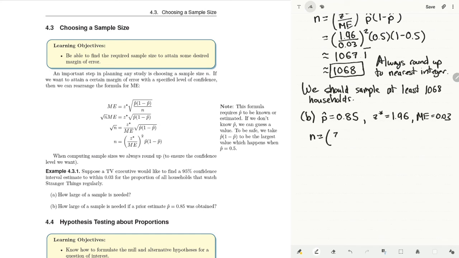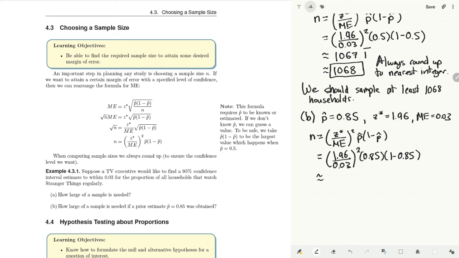So now we can calculate the sample size for this case. So we have 1.96 divided by 0.03 squared times 0.85 times 1 minus 0.85.